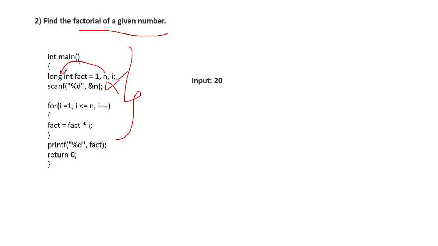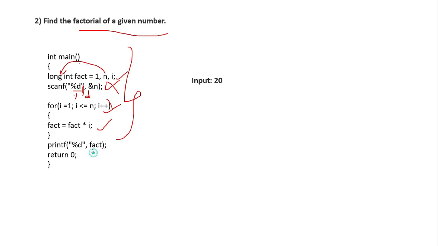So the format specifier should be %ld, not %d, because the data type we are specifying is long int. For long int, the format specifier is %ld. And moreover, here fact also has an error, and this for loop is correct, this for loop executes successfully.